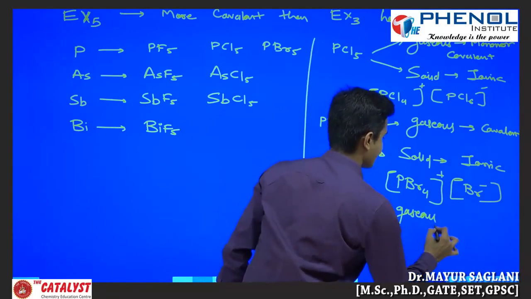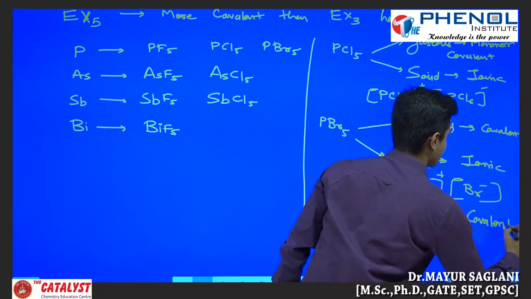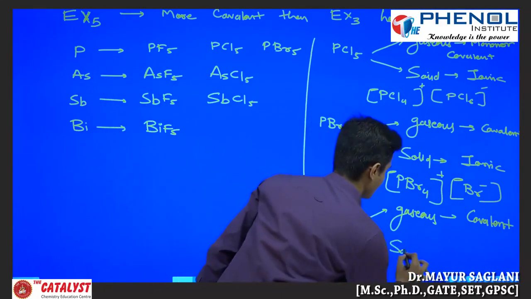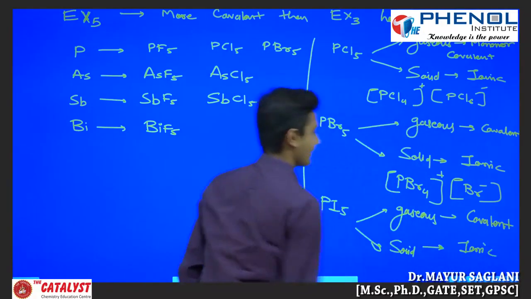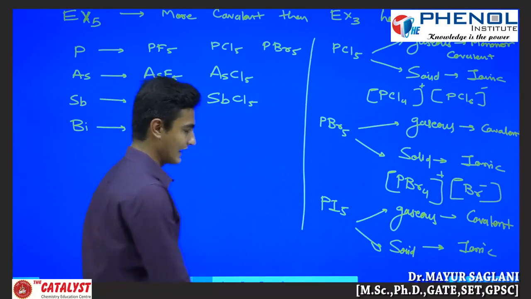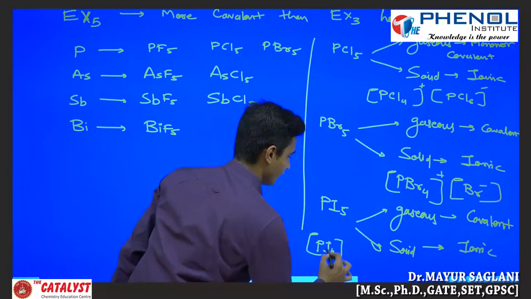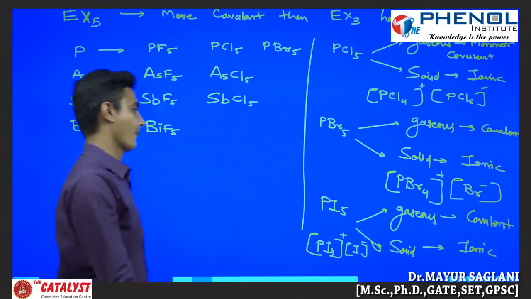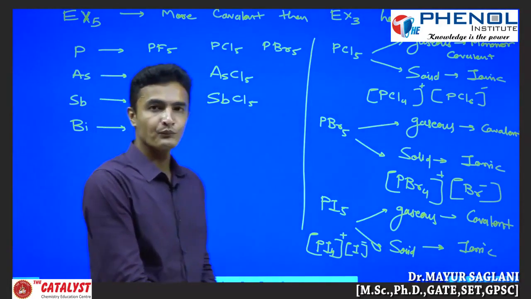In the gaseous form, it exists as a covalent compound. But in the solid state, it is an ionic compound and exists as PI4 plus and I minus. Are we clear? So these are the pentahalides of the group 15 family.